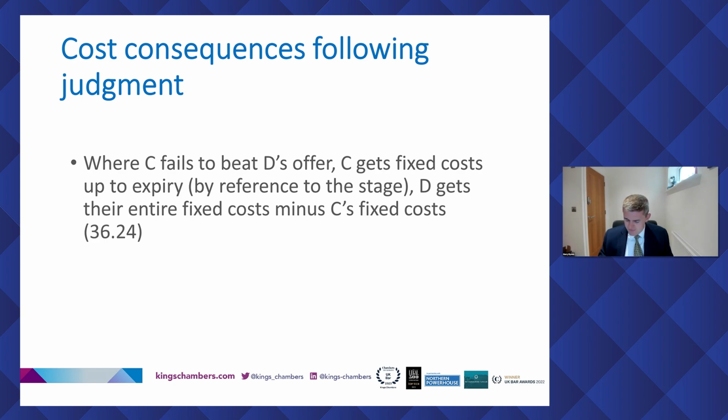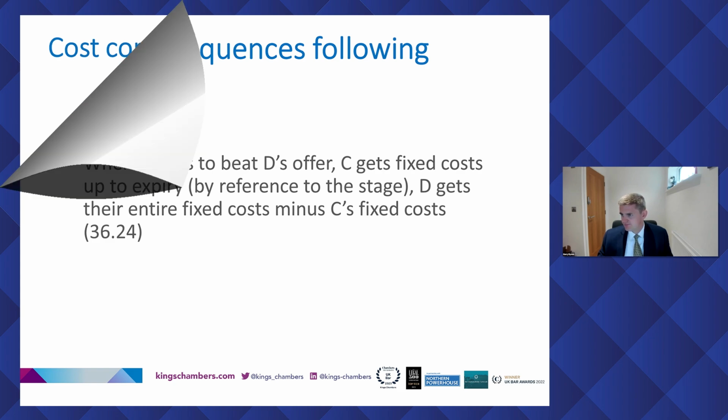It will be a case of subtracting one from the other and seeing where the balance lays. But as I say, 36.24 is well worth reading in some detail, because it sets this out and should enable you to advise clients with a relative, and I use the term relative with some emphasis, degree of certainty.